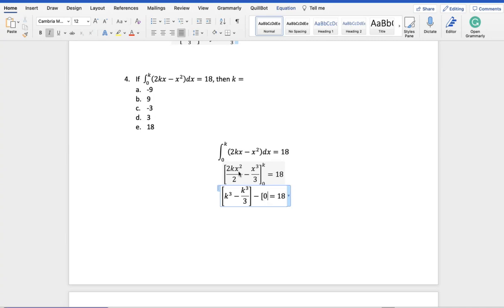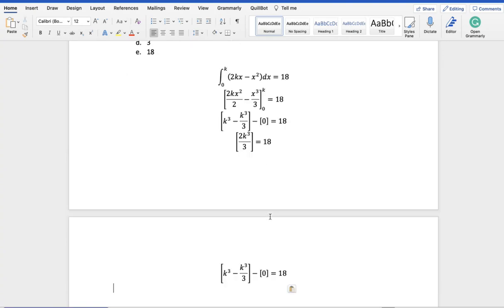So this whole thing is 0, and that should be equal to 18. So you can eliminate that 0, and if you do k cubed minus k cubed over 3, this will give you 2k cubed over 3, which is equal to 18. Now that you have that, you can solve for k. I want you guys to tell me, what is k equal to?